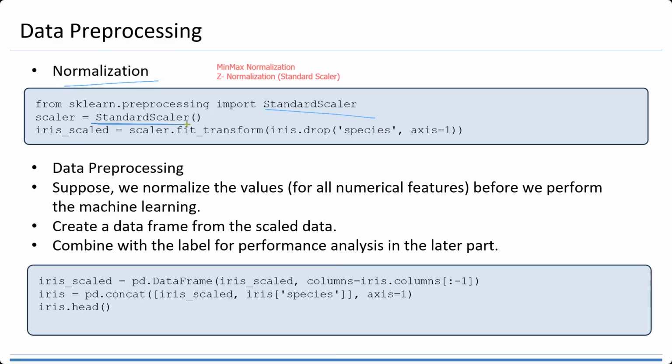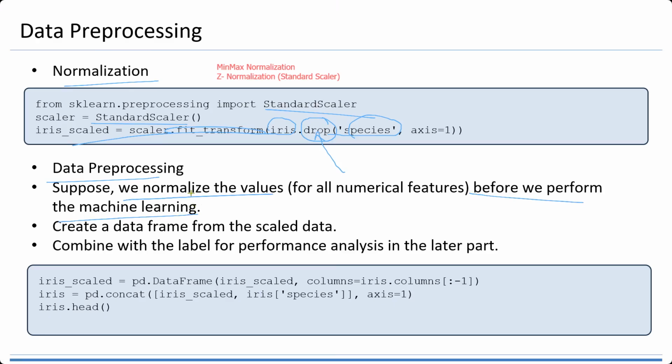I'm applying the standard scaler, and then let's fit the standard scaler to the iris data where the species will be dropped. So you will drop the species. It means you will not use the categorical value. So we do the data pre-processing. Yes, suppose we normalize the values before we perform the machine learning.